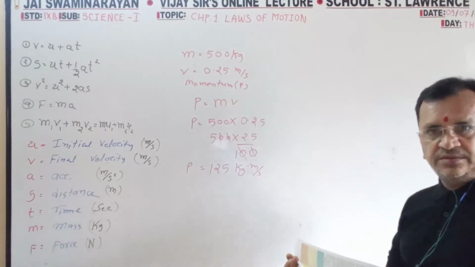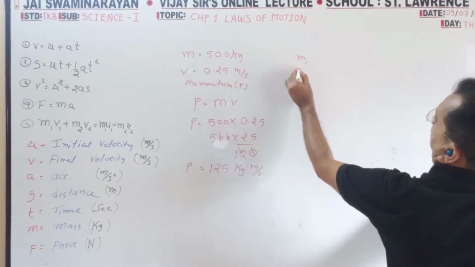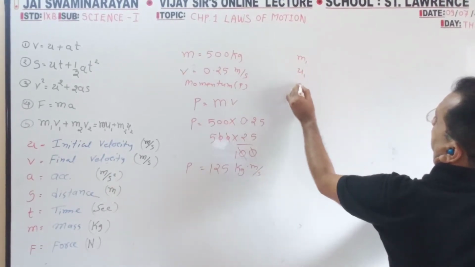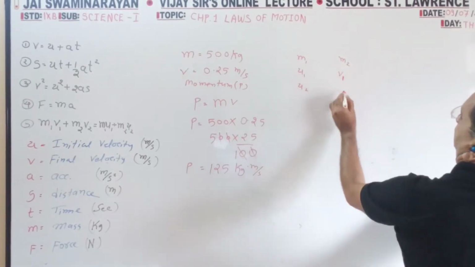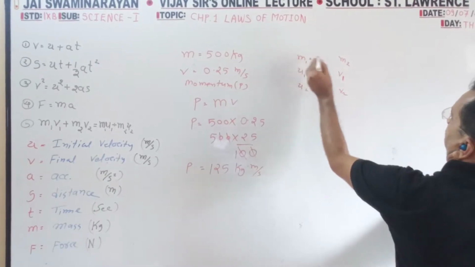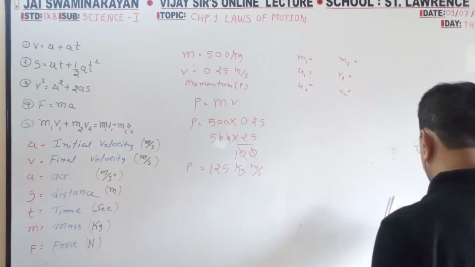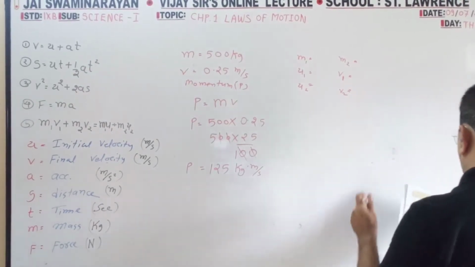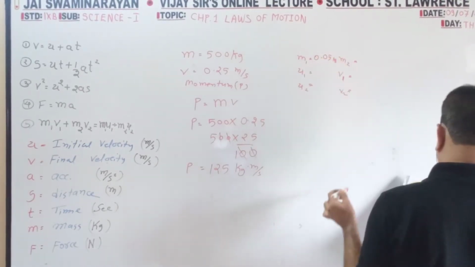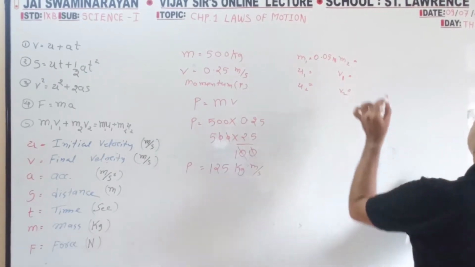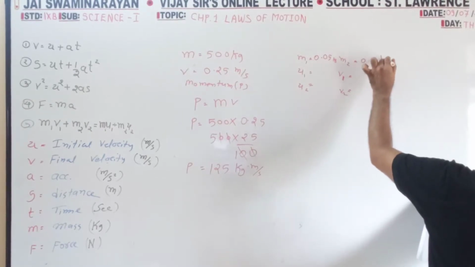Now m1, u1, u2, m2, v1, v2. m1 is 0.05 kilogram, m2 is 0.1 kg.